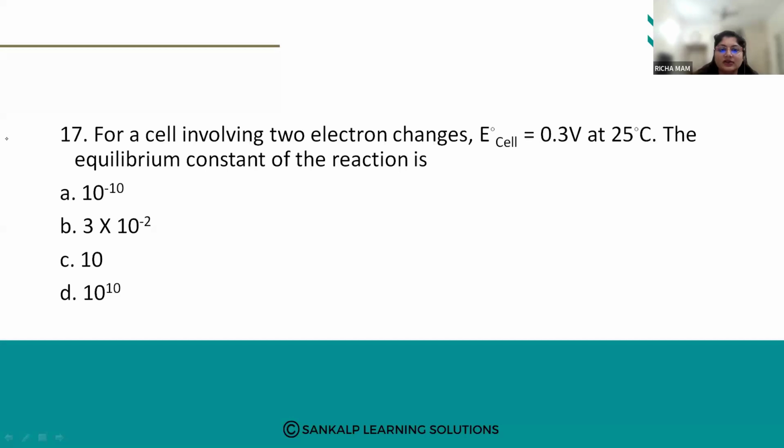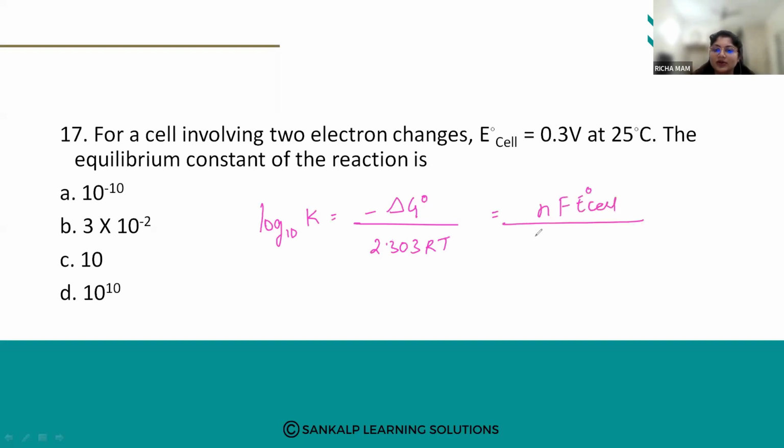We have the formula: log to the base 10 K is equal to minus delta G naught upon 2.303 RT, which is equal to nF E naught of cell upon 2.303 RT. This is at 25 degrees Celsius, right?